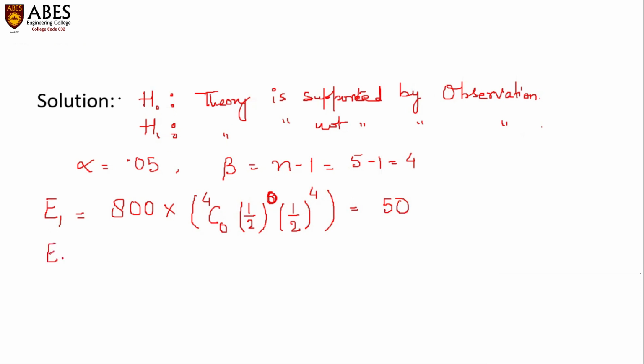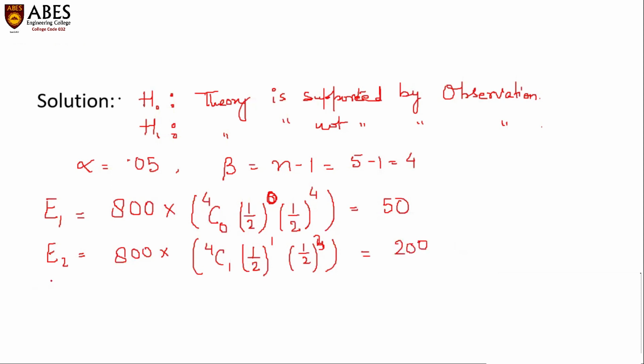Next, E2 is the second category, where we have to find out of 800 how many families are expected to have 1 male out of 4 children. So this value will be equal to 4C1 half raised to the power 1 half raised to the power 4 minus 1, that is 3, and when you solve it, this value comes out as equal to 200.